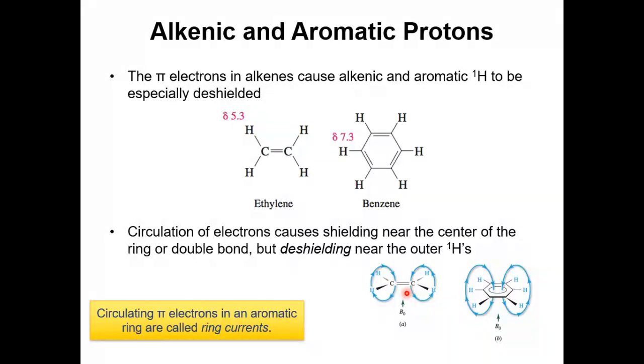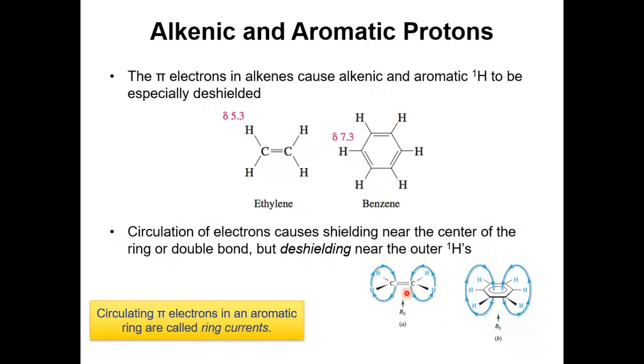The generated field in the middle is against the external field going up. The circulating electrons in the center of circulation create a field against it, pointing down.